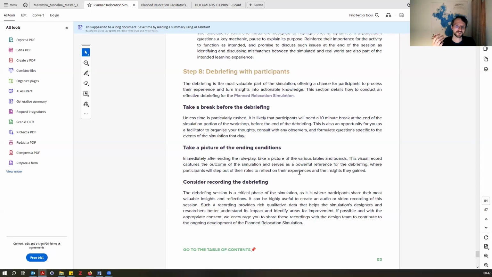The fact that the simulation is not too specific allows people to draw these connections and say, we don't have this agency, but I work in a similar one, and the way this agency works in the simulation reflects a real-world experience that I have. It's never meant to be one-to-one, but elements of it will speak to people, and that's what counts for the debriefing.